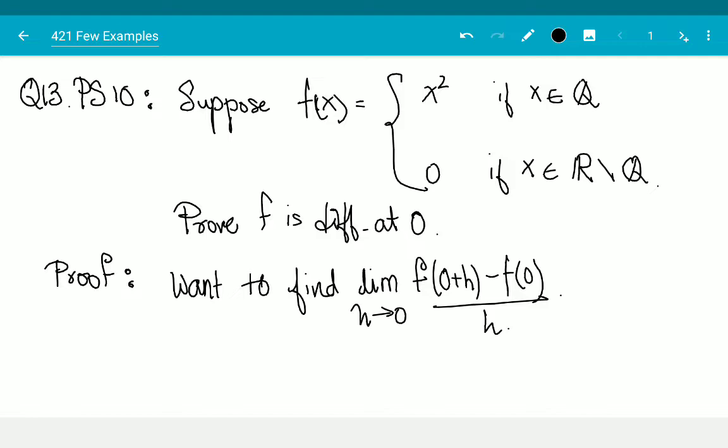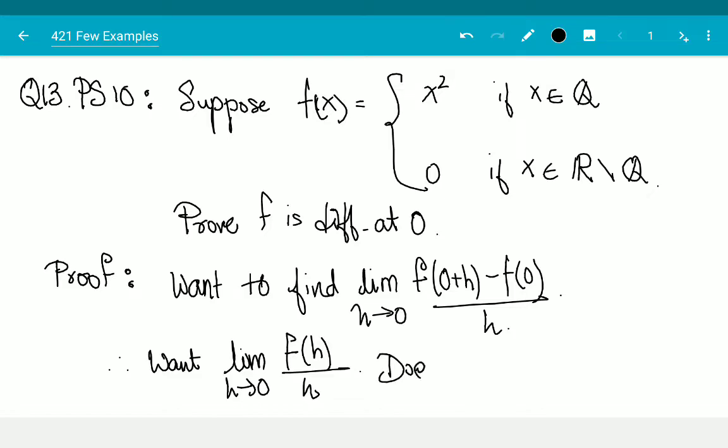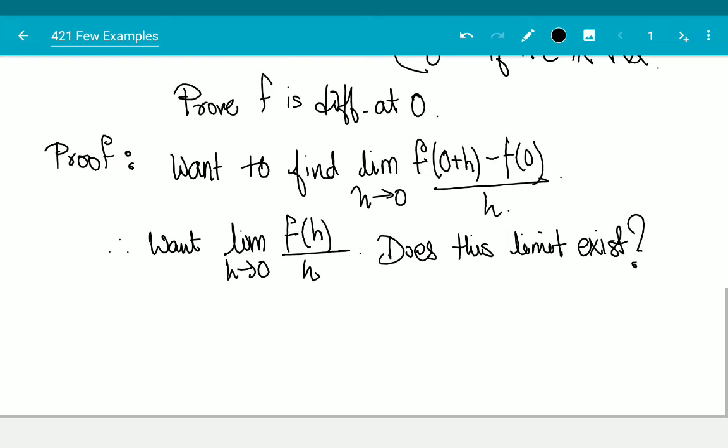Now, f of 0 is equal to 0, therefore we want the limit as h tends to 0 of f of h over h, right? Does this limit exist? Well, we want to show that actually it exists, right?